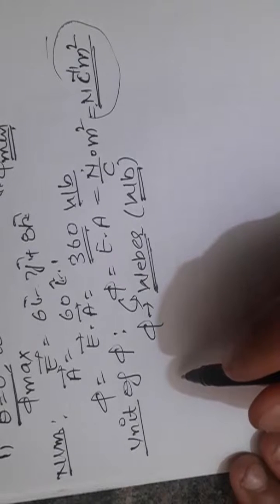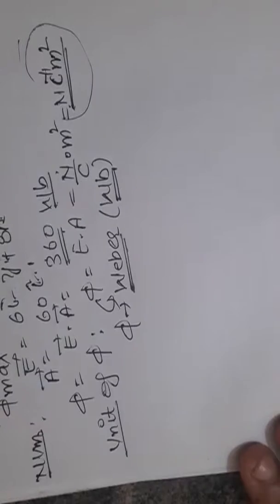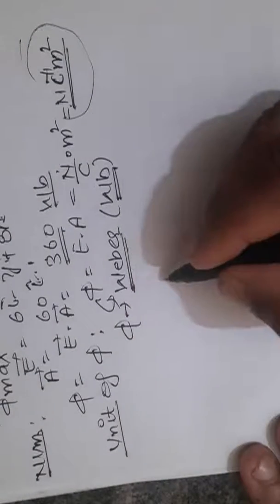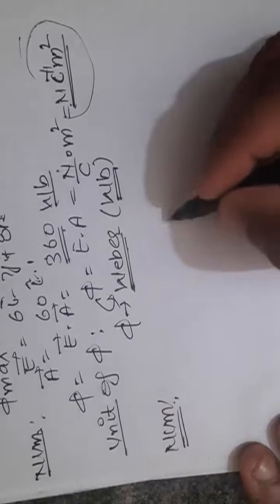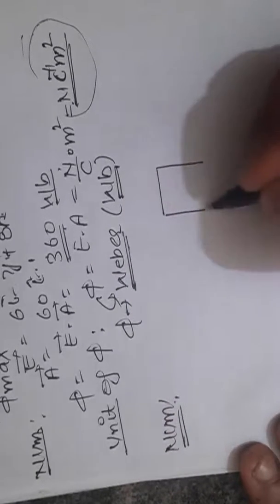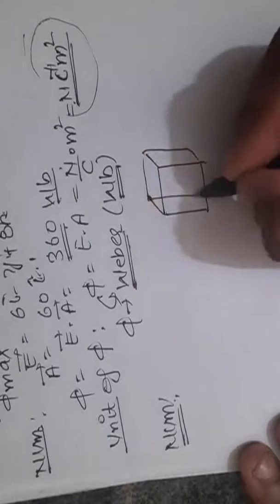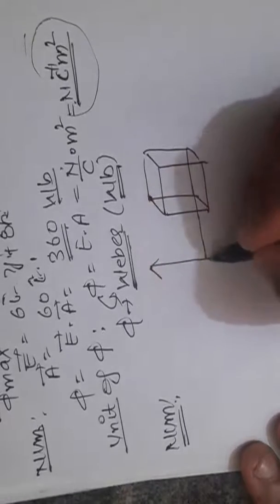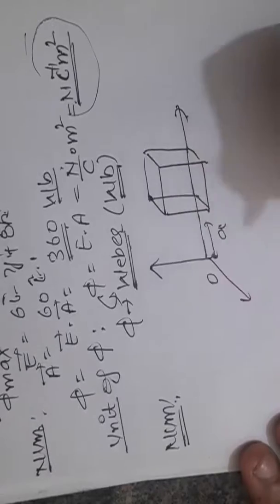To study this flux further, let us solve one more numerical, a very simple one. Let us suppose this is a cube. This cube is at a distance of a from this side.